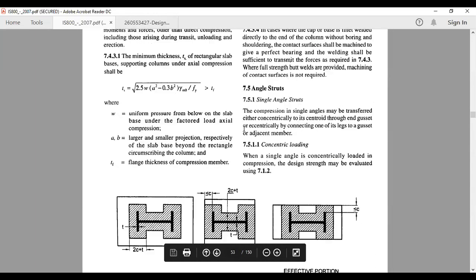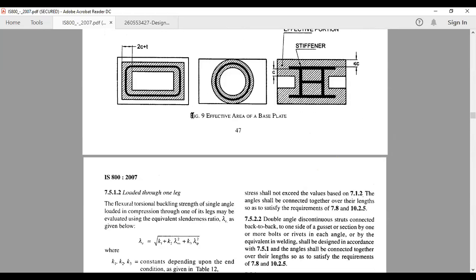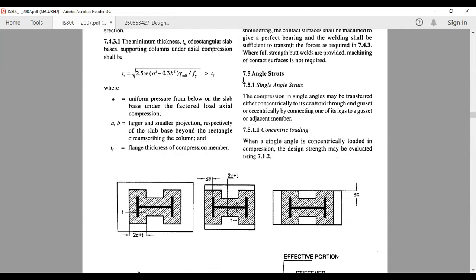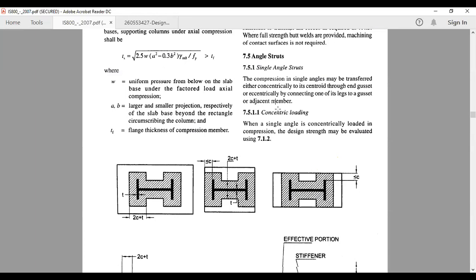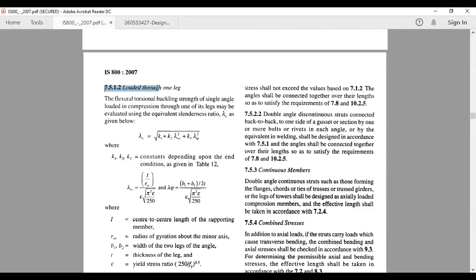So if you take this part, that is on page number 47, single angle struts, you have this single angle strut. Okay, if any arrangement is done at the ends, then there may be concentric loading, or else we have to go with angles loaded through one leg only.